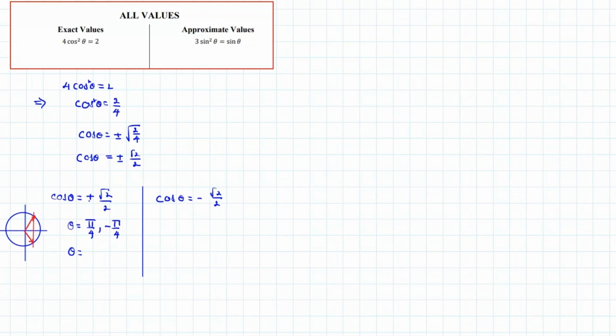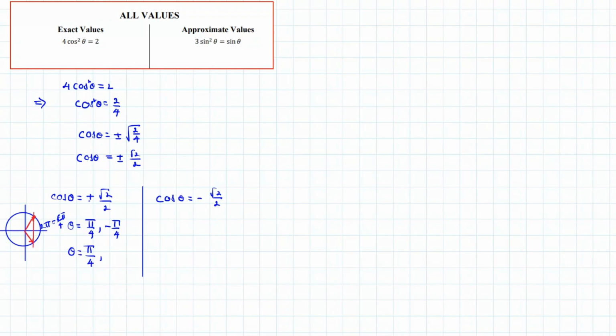So we have the angles pi over 4 and 7 pi over 4 whenever cos theta equal to positive root 2 over 2. Okay, but we have to find all the solutions, there is no specific domain given. So we have to add the period of the cos.